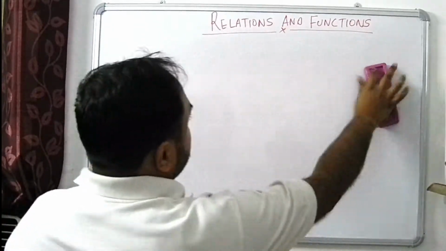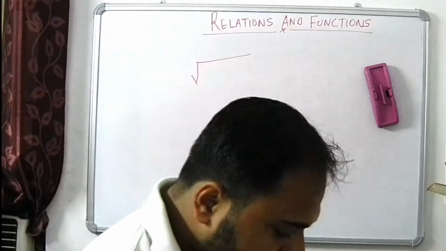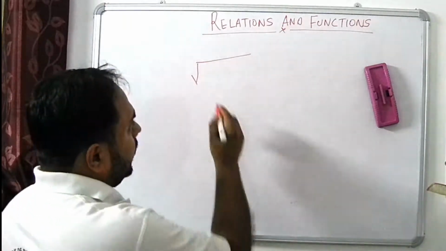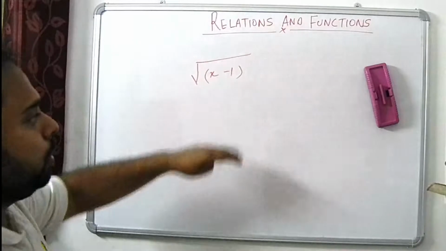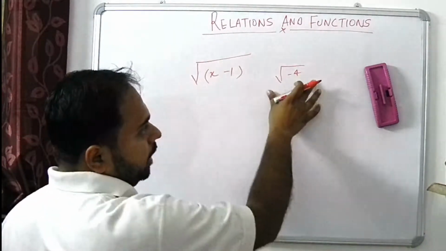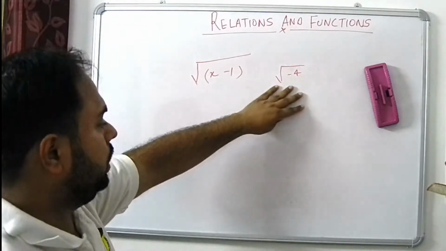Suppose this is a short question in NCERT wherein they ask, what's the domain of the function square root of (x minus 1)? I know for this to be true, I cannot have something like square root of minus 4. It's a problem of imaginary numbers.